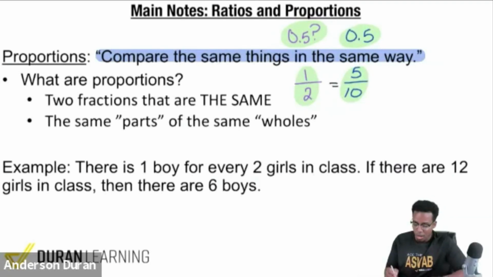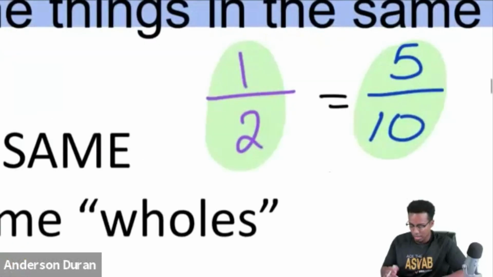Another way that I like to explain it is by saying that they're the same parts of the same wholes. So for example, 1/2: is it safe to say that 1 is half of 2? Yeah, exactly. 1 is half of 2.